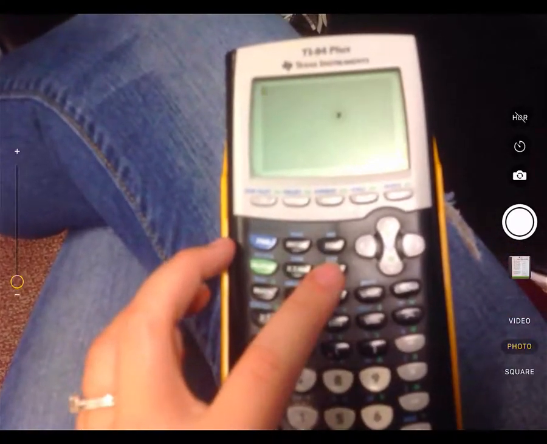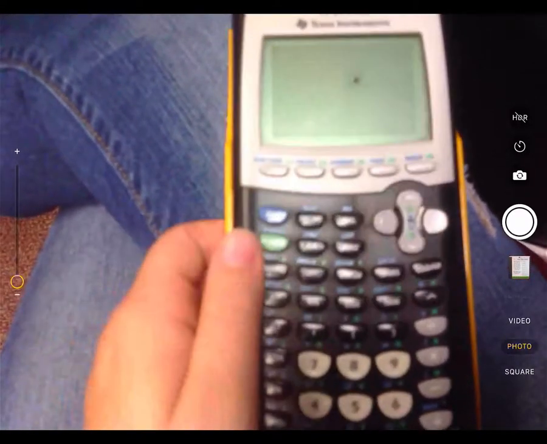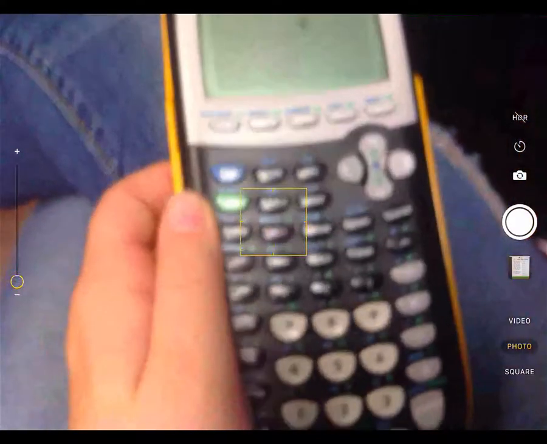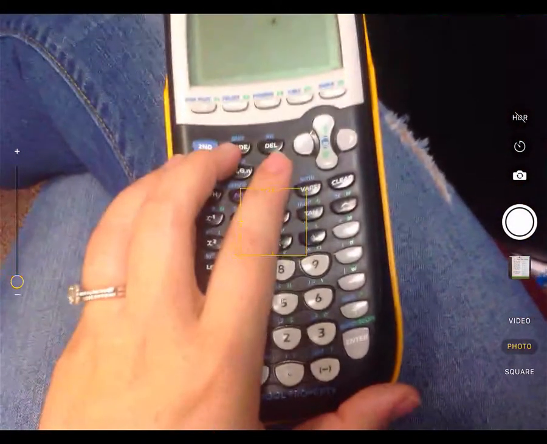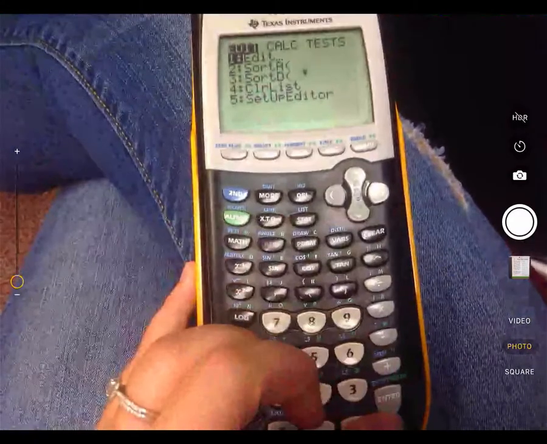I'm going to click the stat button, which is directly under delete. If I zoom in, you can see that it says stat. So I click stat and this comes up.